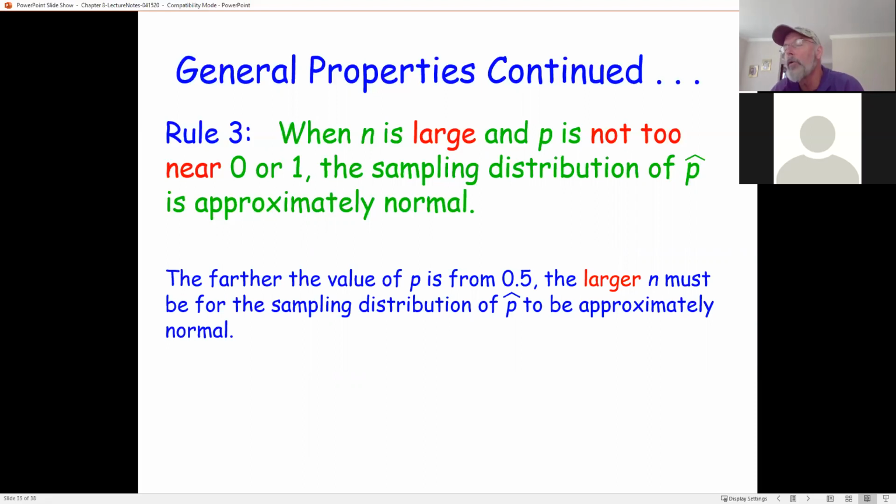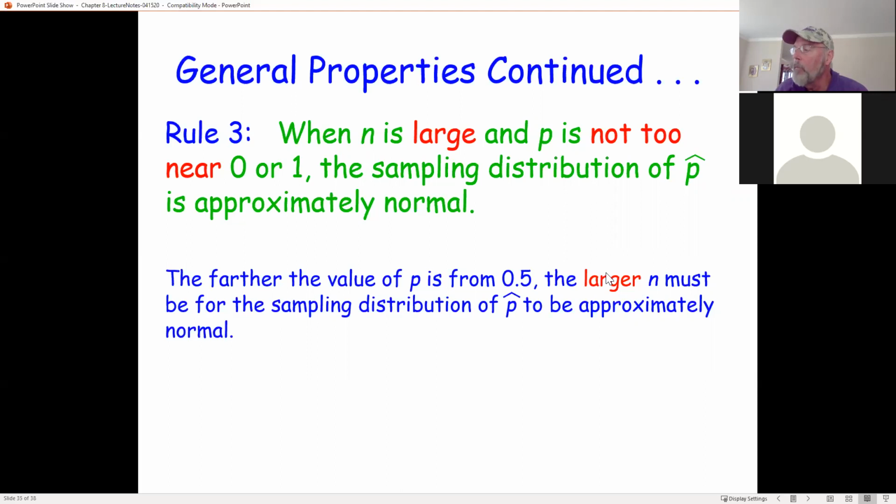Okay, so the farther away from 0.5, the larger the sample size must be for that sampling distribution to be approximately normal. And we saw that in the blood transfusion example. 0.07 is very far away from 0.5, and therefore we needed a larger sample.